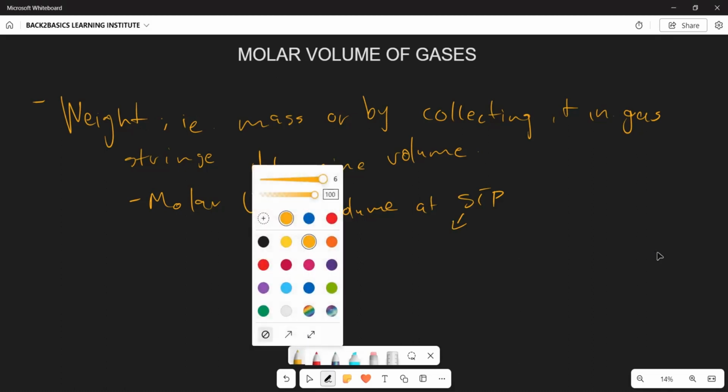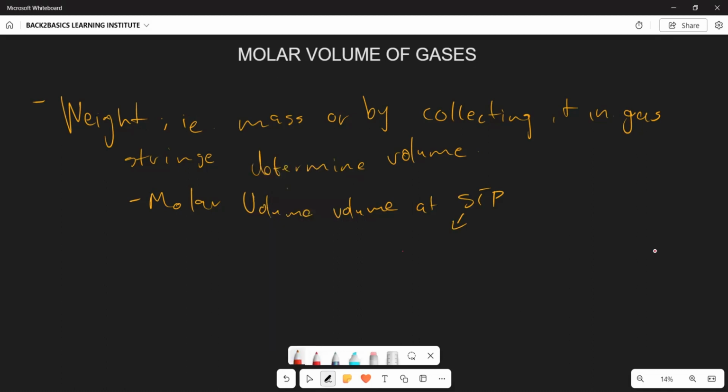STP stands for standard temperature and pressure. So it's standard temperature, and standard pressure. That's what we are going to be looking at now.